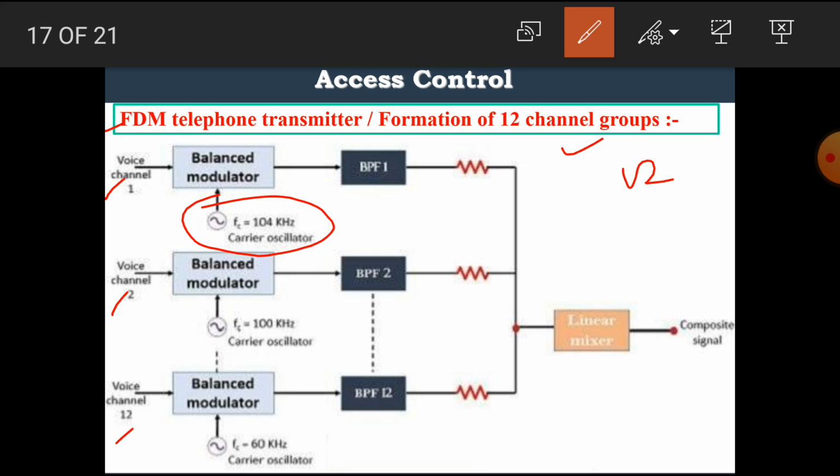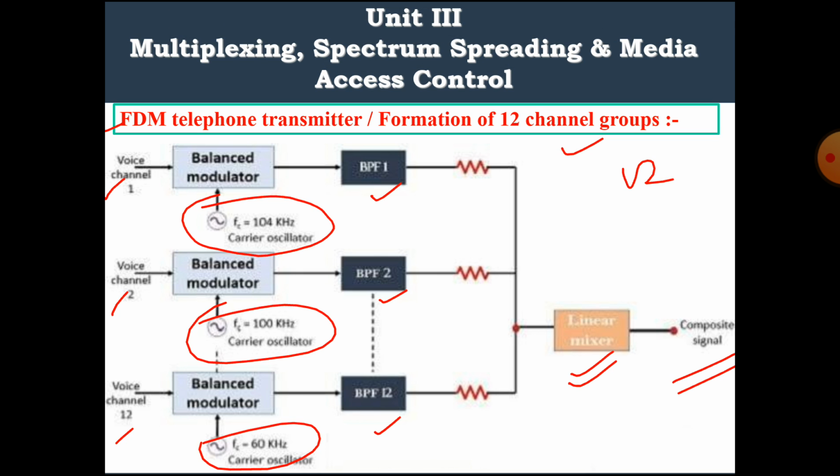For example, F1 is equal to 104 kilohertz, F2 is equal to 100 kilohertz, and F12 is equal to 60 kilohertz. These modulated signals are given to the band pass filters, band pass filter 1, 2 up to band pass filter 12, and they are all mixed together or added together in a linear mixer to make a composite signal.